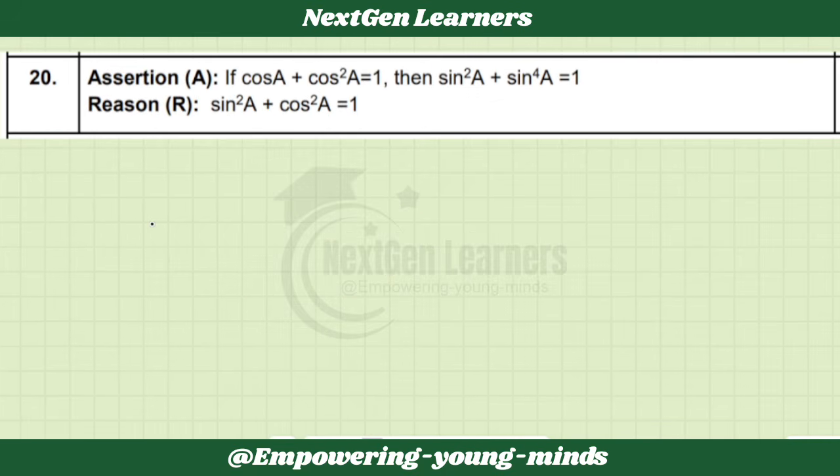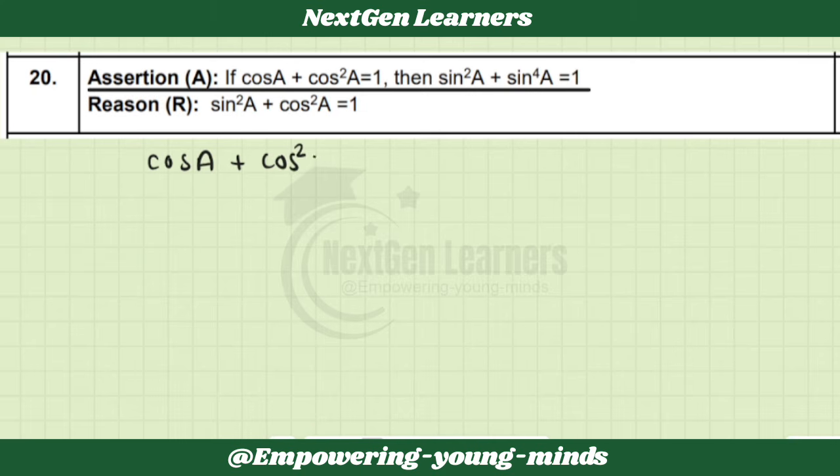Assertion says if cos A plus cos square A is equal to 1, then sin square A plus sin 4A is equal to 1 as well. So we need to solve this to get the correct answer. So cos A plus cos square A is given as 1.